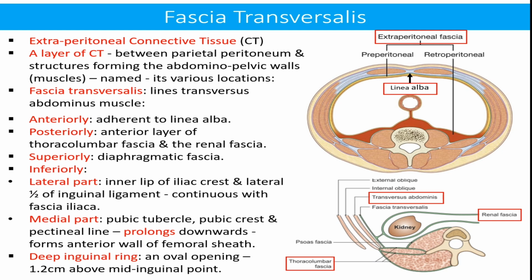The medial part is attached to the pubic tubercle, pubic crest, and pectineal line, and it prolongs downward and forms the anterior wall of the femoral sheath. There is an oval opening 1.2 centimeters above the mid-inguinal point in this fascia, named the deep inguinal ring, which allows the exit of the spermatic cord.